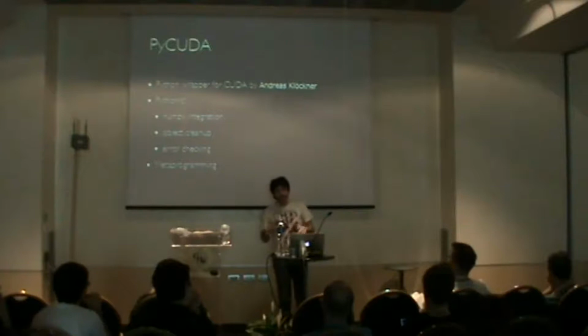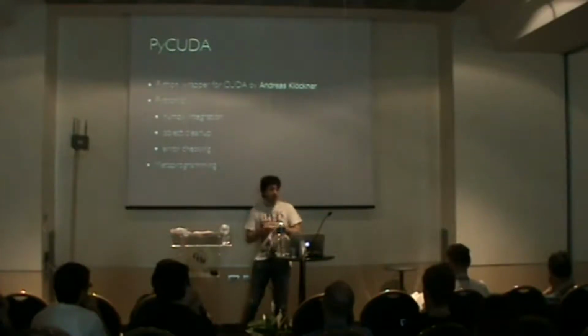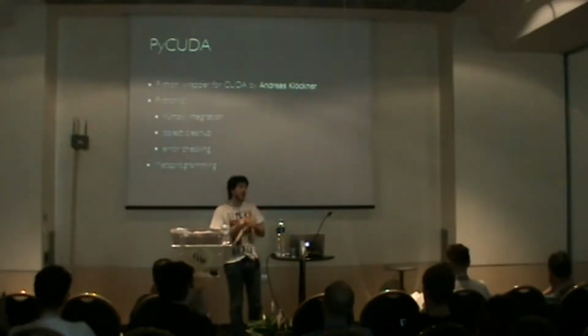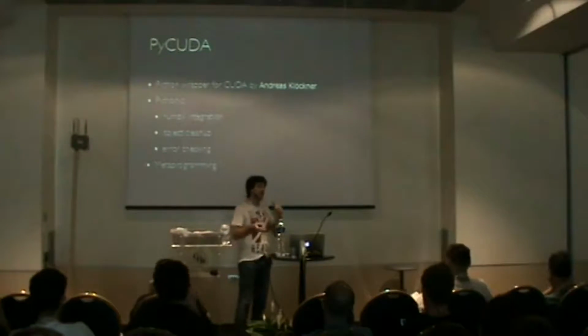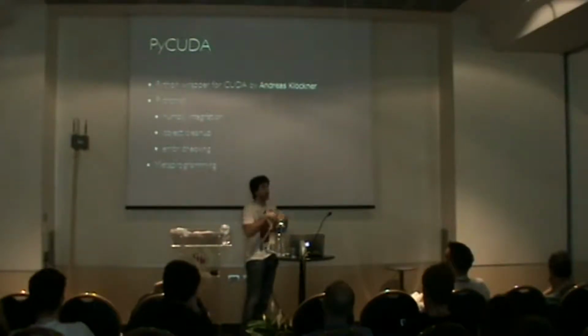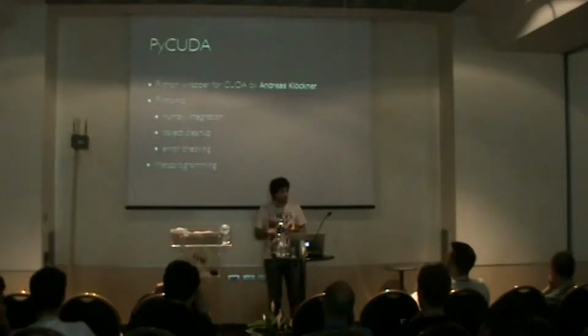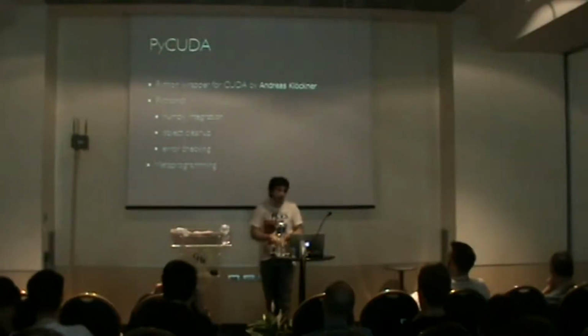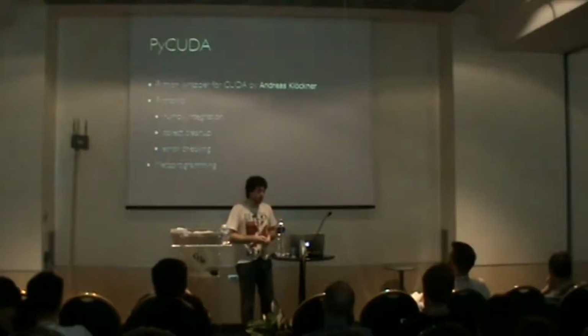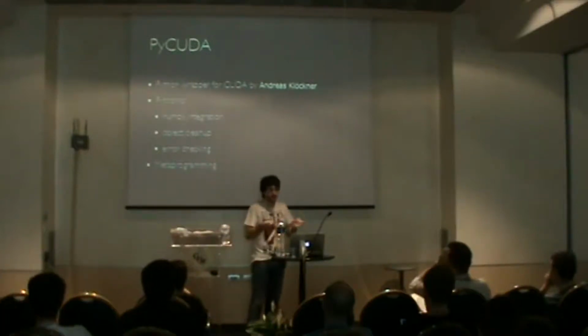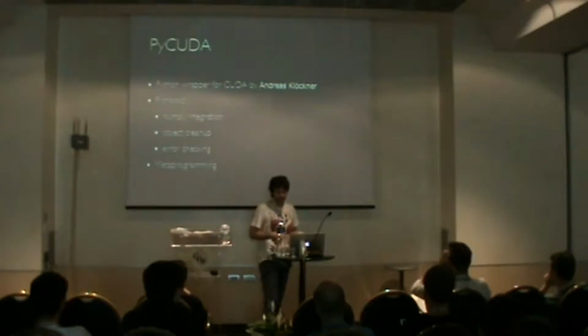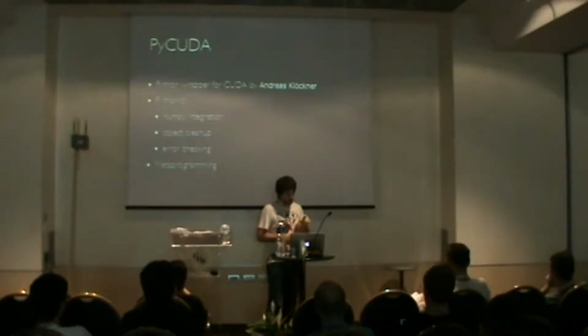With PyCUDA, you can generate your code at runtime and then compile and upload it to the GPU. It's something that you can't do with the Nvidia C APIs. OpenCL can.